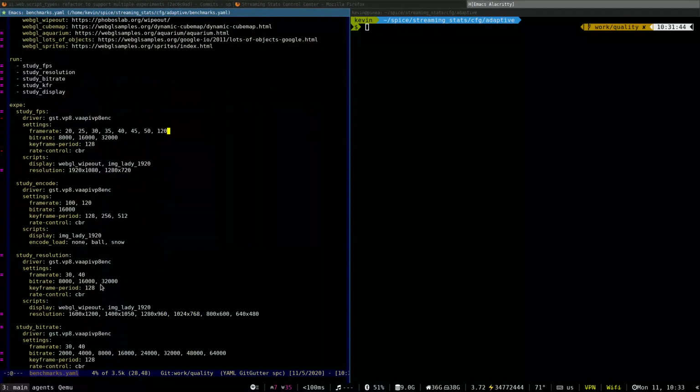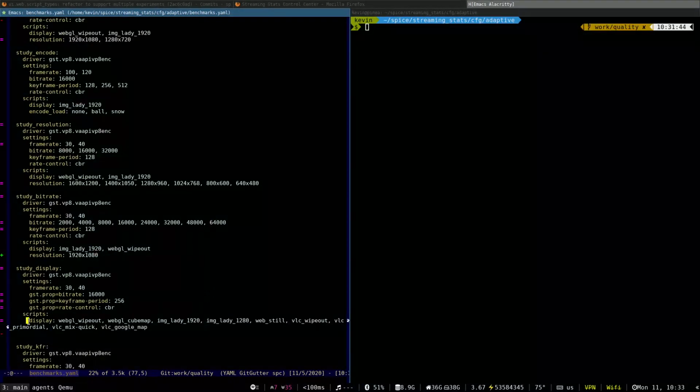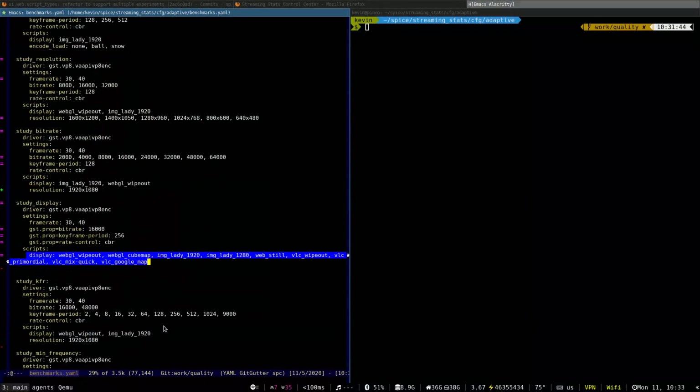If we look at the resolution study, in this one we'll have only 2 frame rates, but many different resolutions, all in the 16:9 ratio. And same for the bitrate, the display study, and the keyframe period.